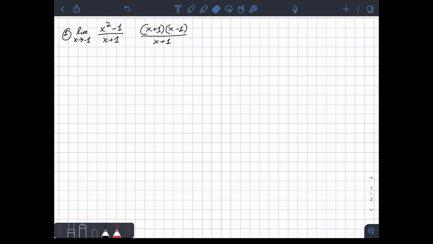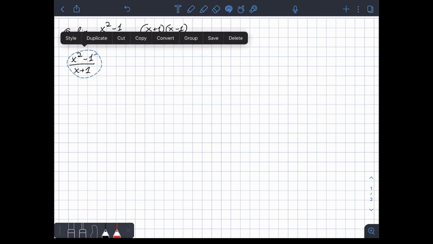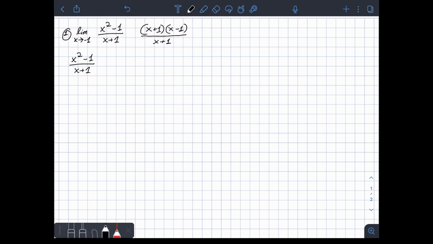This doesn't equal that. But this is equivalent to this, which is equivalent to x minus 1, because these cancel out.